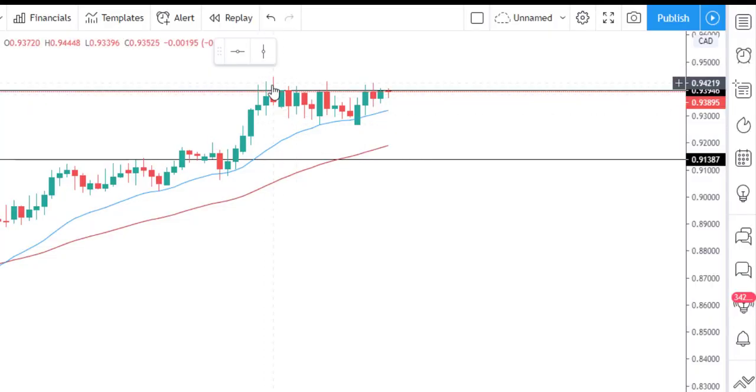So we saw a pin bar buy here, but as we can see, the market really was very sluggish. The market has just been consolidating so far, and then we also have an inside bar around here. We have an inside bar here too, and basically we can just see that the market is just consolidating.